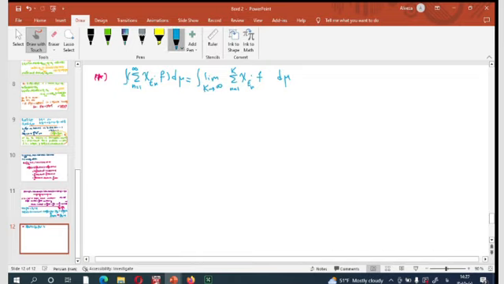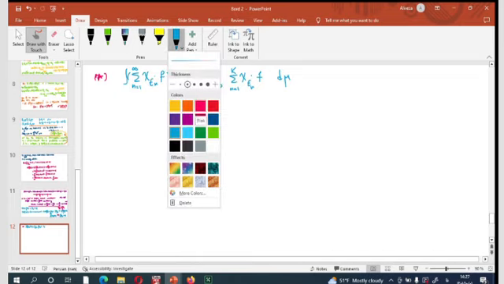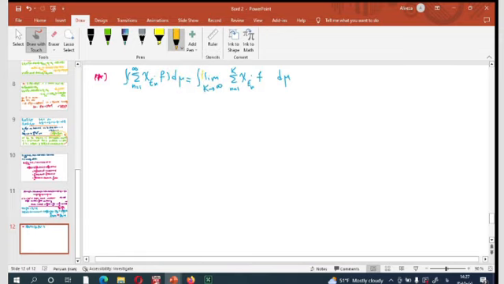Let me choose another color such as this or this. Okay, this parenthesis equals this parenthesis, so that this integral equals this integral.